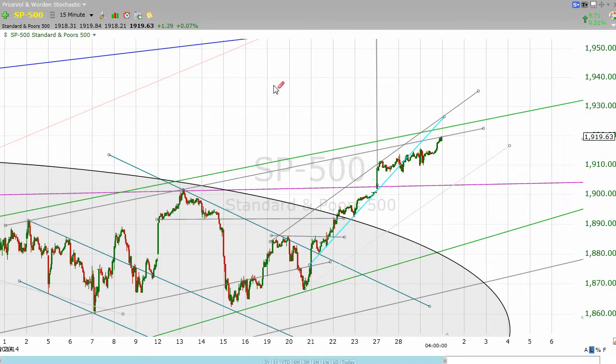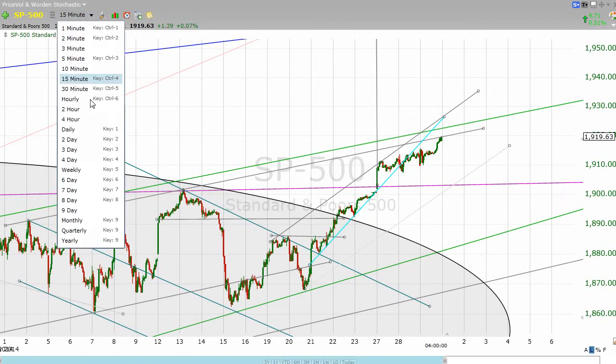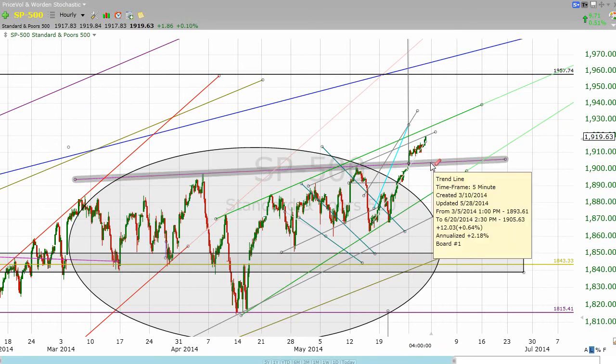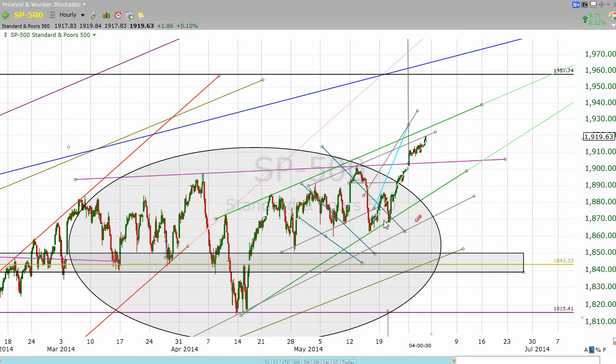insurmountable. And a lot of times when a market or a stock is in a protracted sideways trading range like we were here, once you break out of that, a lot of what happened before doesn't have as much to say.